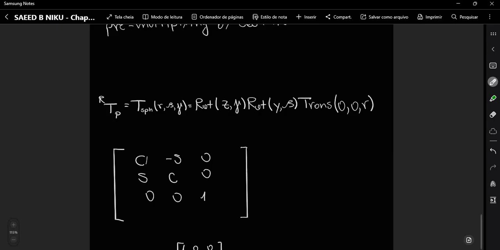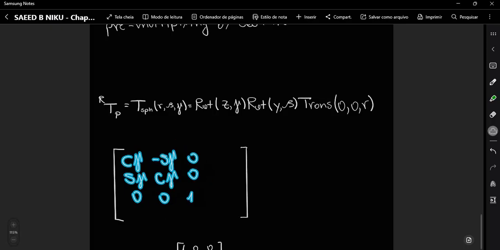Okay, so is gamma. And now adding the scale factor. Right here is one.